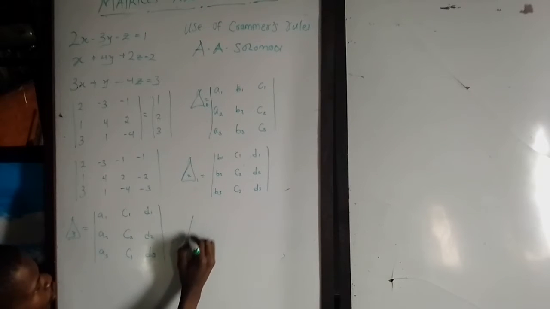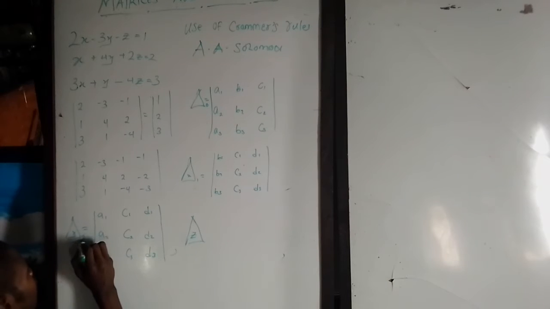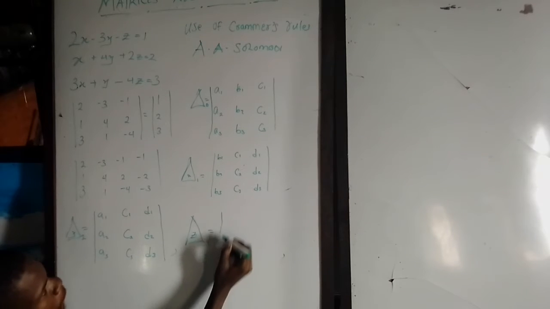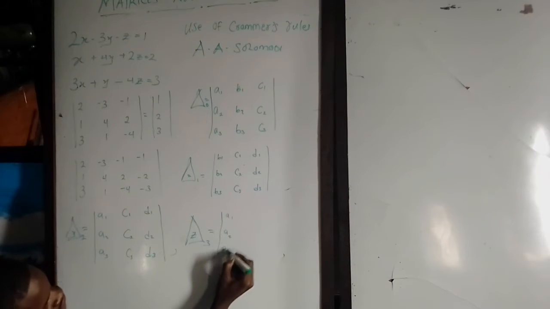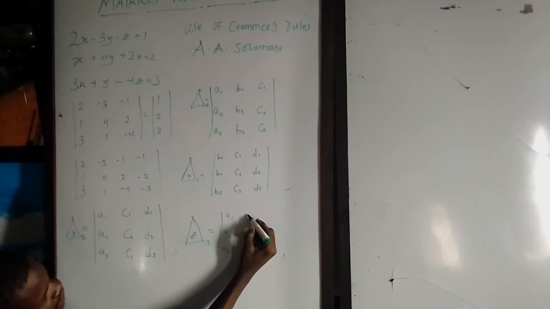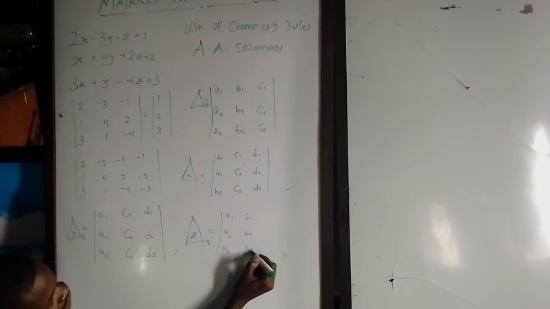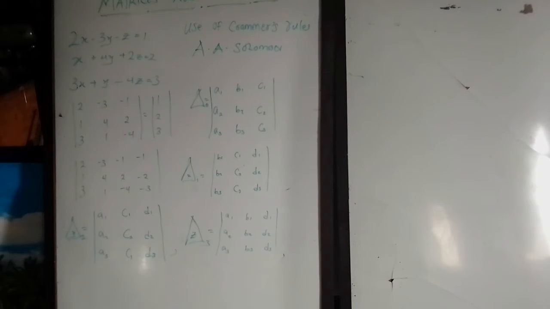Then we move to z, which is determinant 3. We are going to have A1, A2, A3, B1, B2, B3, D1, D2, D3. So do you understand this formula?